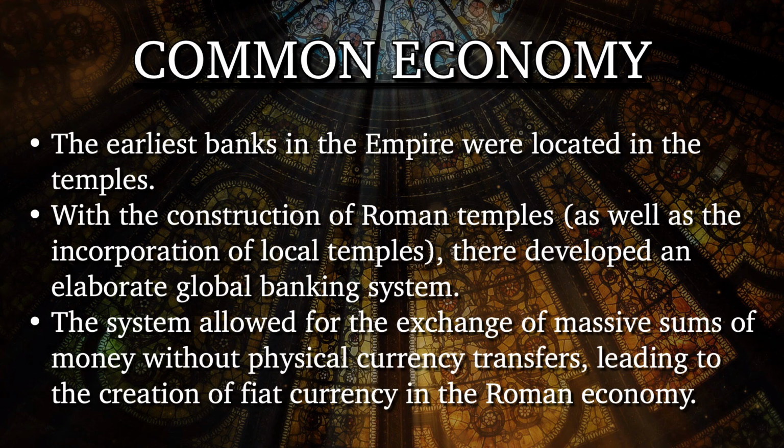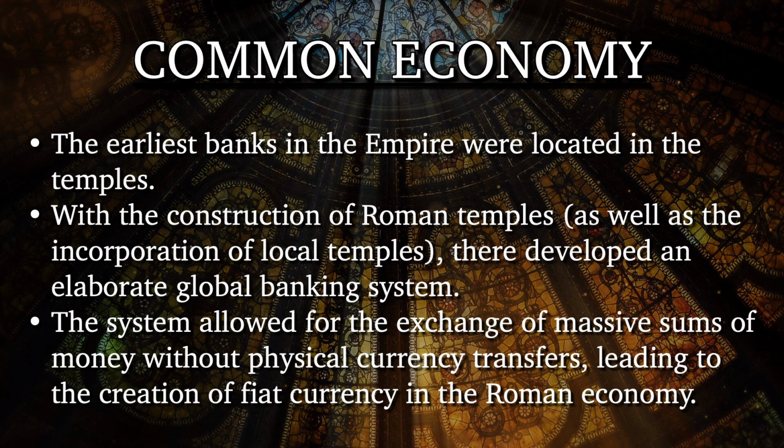The temple served as the religious centre of life, which we'll talk more about later, but also as the centre of banking and commerce in regards to the actual specifics of banking. With the construction of temples, they served as basically the perfect outposts of the Roman financial system, which was very, very developed and highly elaborate, particularly compared to anything else from the ancient world.